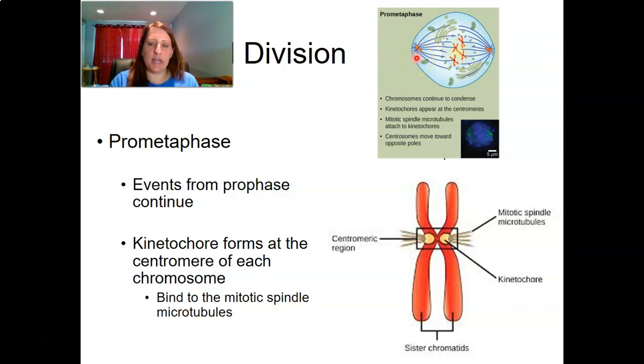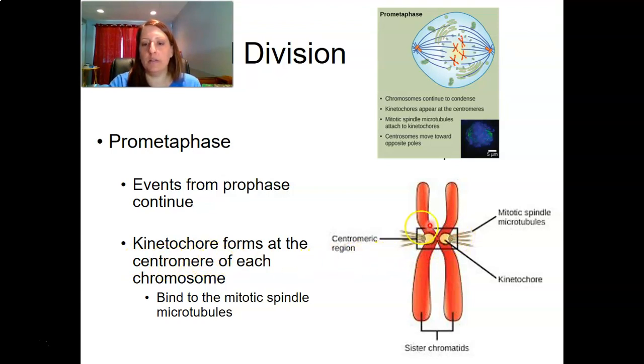And as those mitotic spindles form, they're going to reach out and grab on to each chromosome at a structure called the kinetochore. So you can see this term here, kinetochore. This is in the centromere region of the chromosome, and there's going to be proteins here.